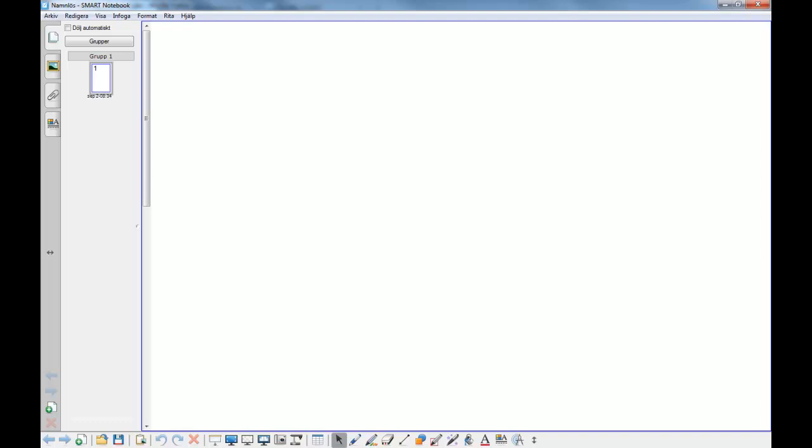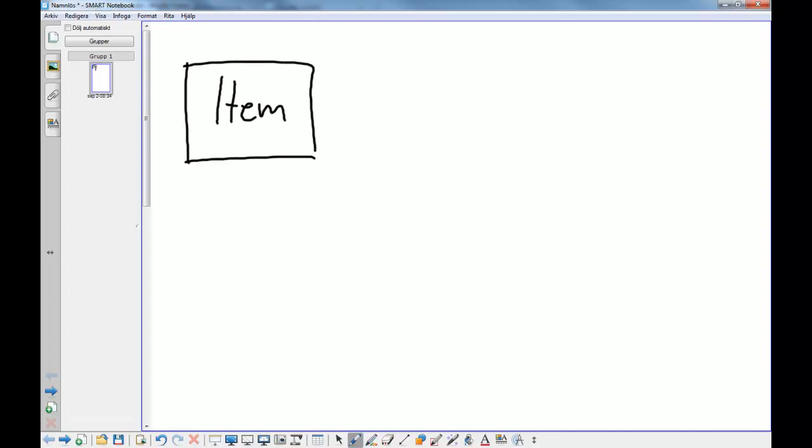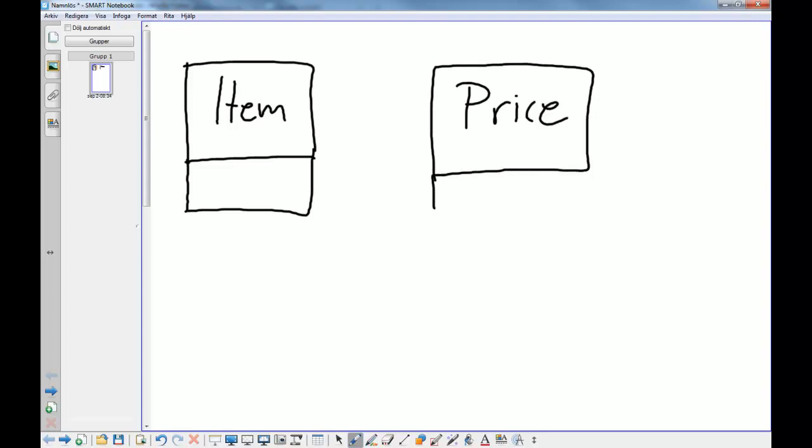So, for example, you have an item. We have found this in our domain. And by scanning, we also have a price concept. So, should price be an attribute in item, or not?